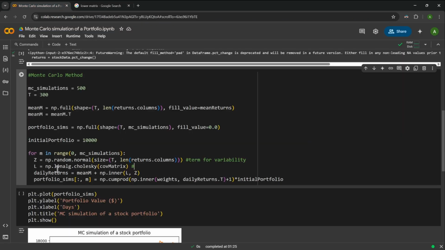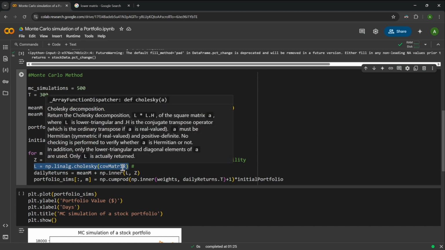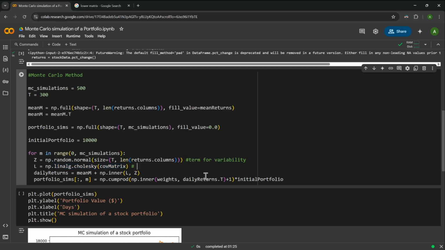So this is the sort of output we get when we do a Cholesky decomposition on the covariance matrix. The lower matrix of the covariance matrix carries the historical trends. So it gives you the covariance between all of these stocks.